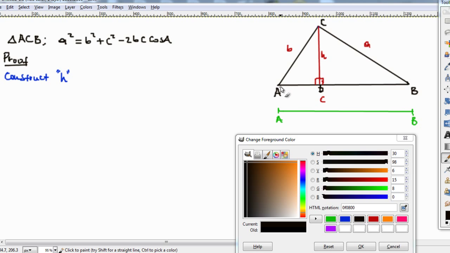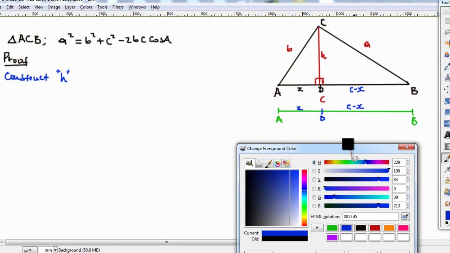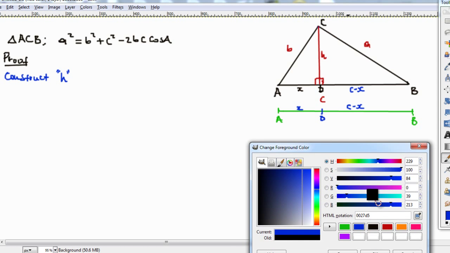So let the length AD be arbitrary, X. If AD is some arbitrary length X, then D is somewhere here. So this length is X, and the remaining length here is the entire C minus this portion X. So this length DB is C minus X. Okay, so we have two right angle triangles.